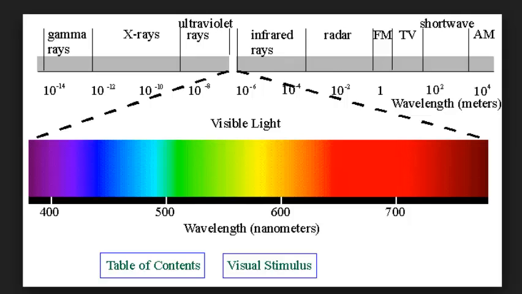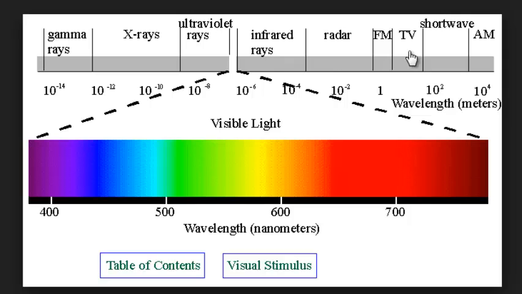But the electromagnetic spectrum isn't just visible light. When we talk about light, we don't mean just visible light. We actually mean all of this. Gamma rays, X-rays, ultraviolet rays, infrared rays, radar, FM radio, AM radio, television signals.